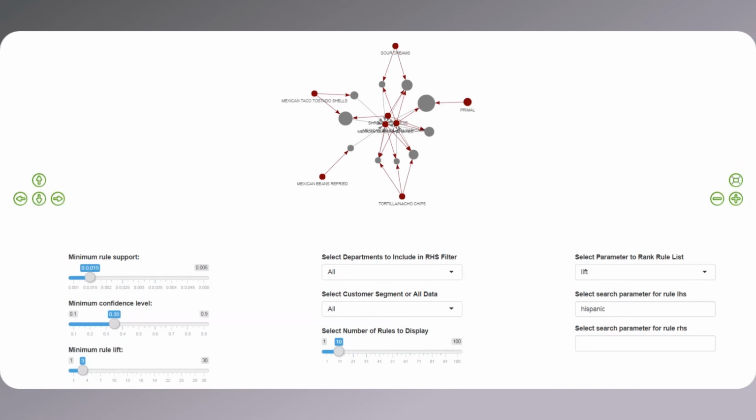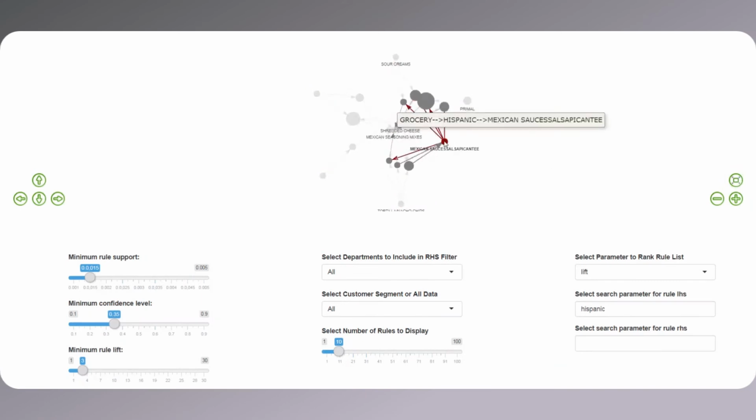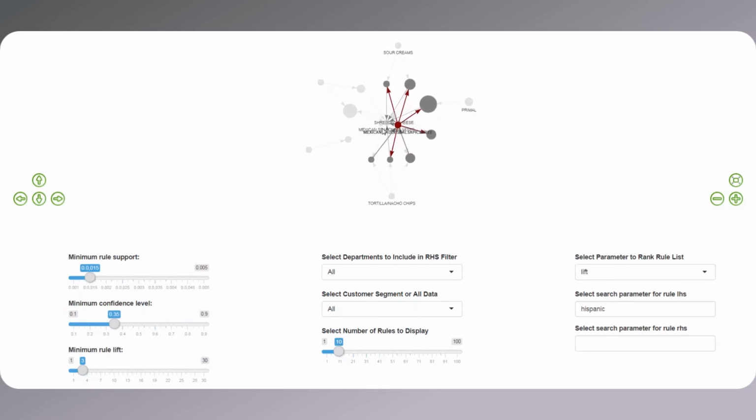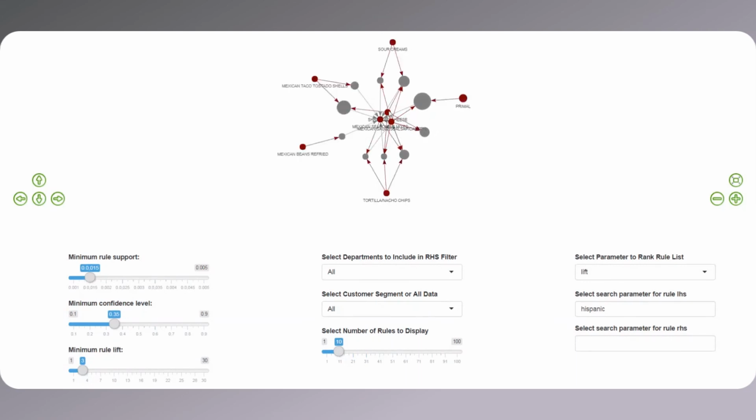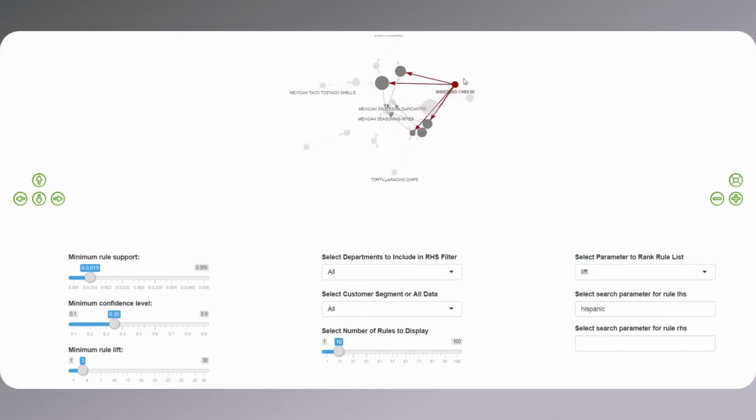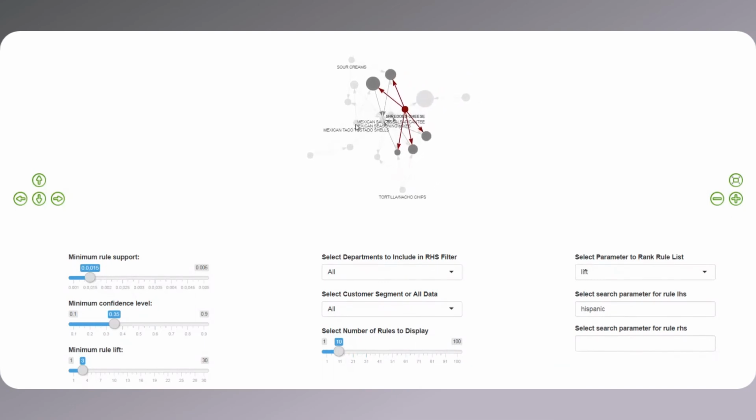So we can see that at the center of this set of rules, we have salsa and we have shredded cheese, as well as seasoning mix. Here's shredded cheese. And there's seasoning mix in there as well.